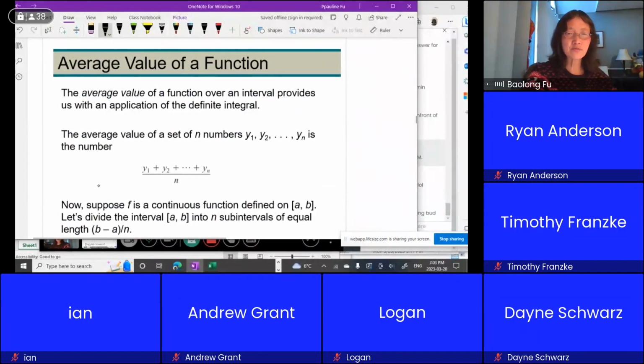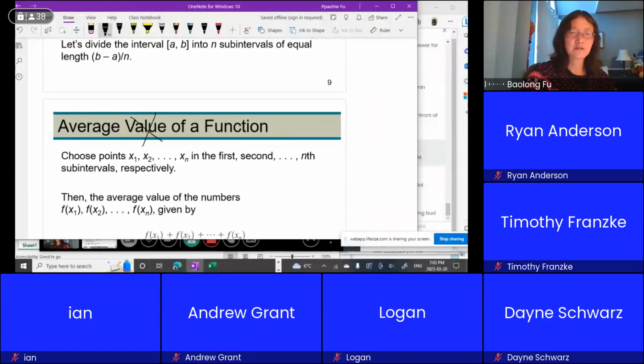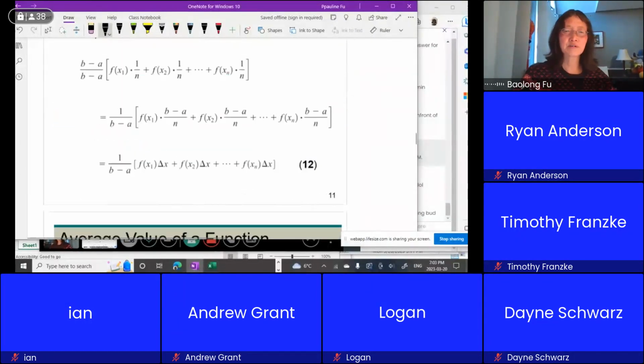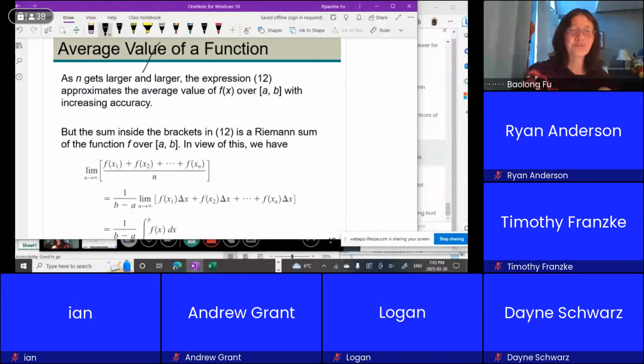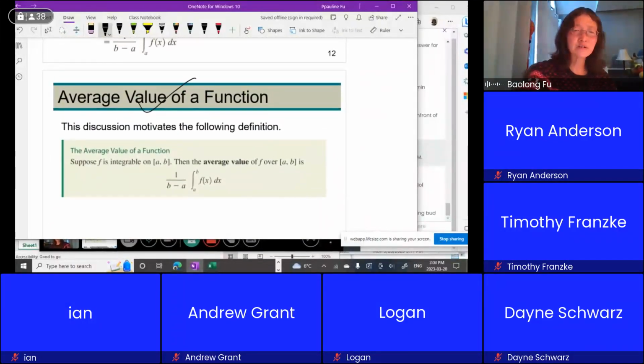The average value of a function: we don't need this part, but we need this part, the result.